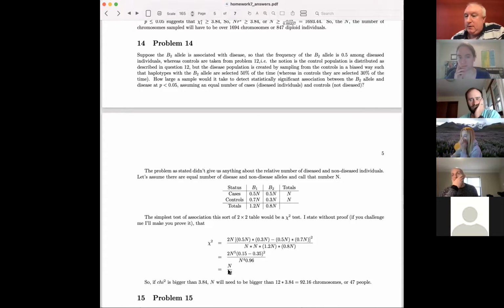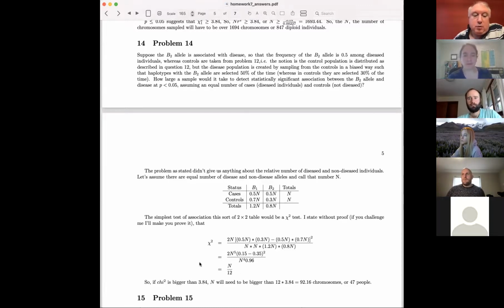So, for your sake, we can now call that a lambda in a non-central chi-squared if you were trying to do a power calculation. So right off the bat, you know that you have 50% power to find a chi-squared value bigger than N over 12, if that is the lambda in your non-central chi-squared.